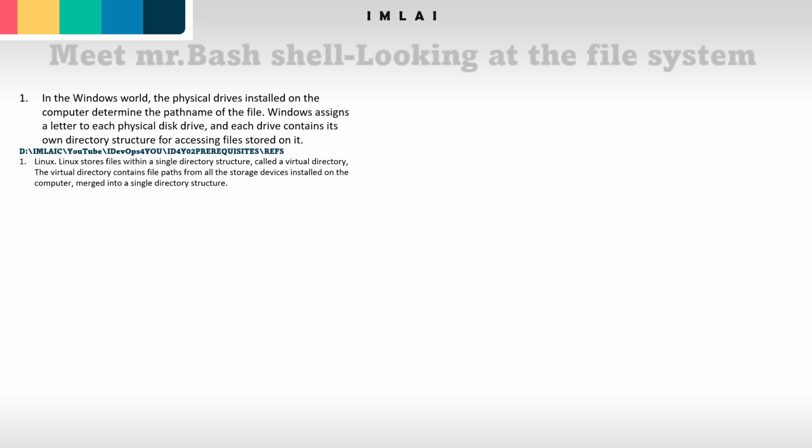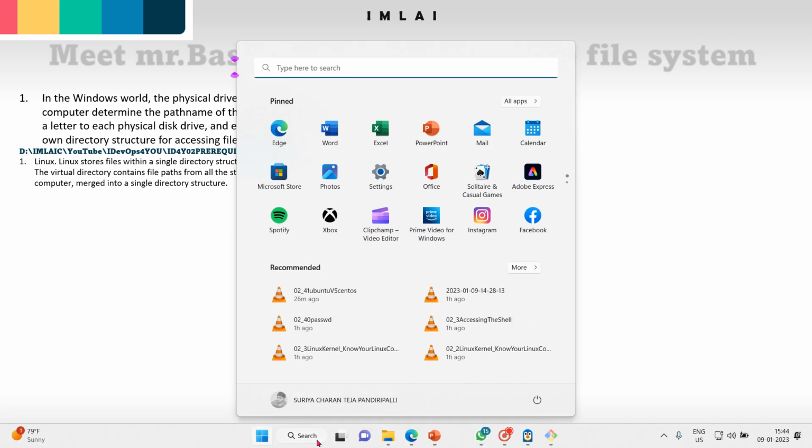If you have saved test.doc on a flash drive designated by the J drive, the file path would be J colon backslash test.doc. This path indicates that the file is located on the root of the drive assigned the letter J. So let's go into that system and see how it works.